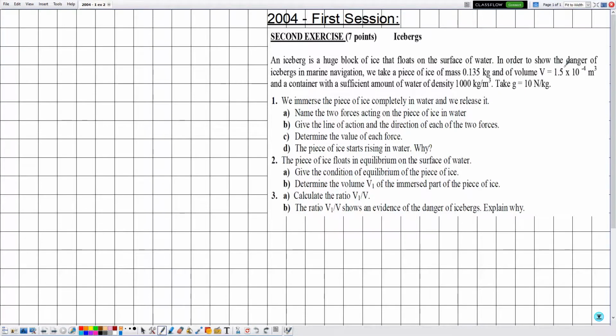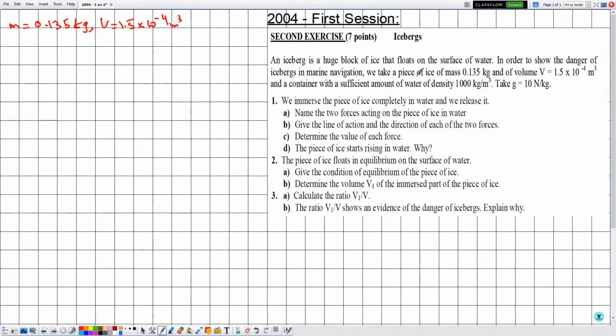So let me write it. In order to show the danger of icebergs in marine navigation, we take a piece of ice of mass 0.135 kilogram. Let's denote this mass by m, which is equal to 0.135 kilograms. And of volume V equal to 1.5 times 10 to the power minus 4 meter cube.